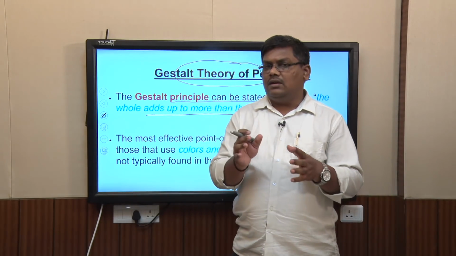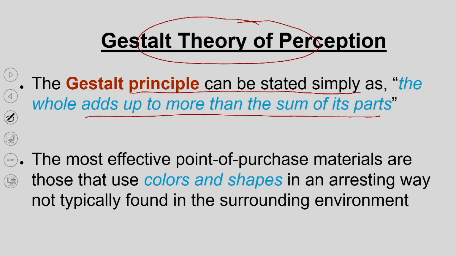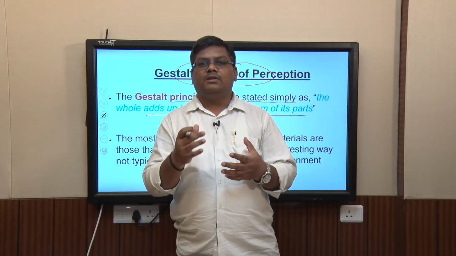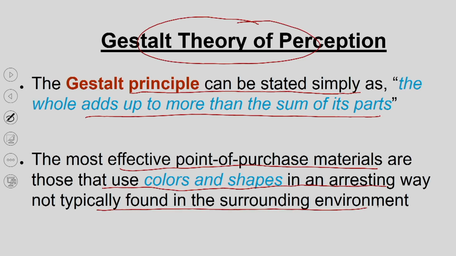That is what Gestalt theory is all about. Gestalt theory is used in the process of organization of stimulus. The most effective point of purchase materials are those that use colors and shapes in an arresting way not typically found in the surrounding environment.